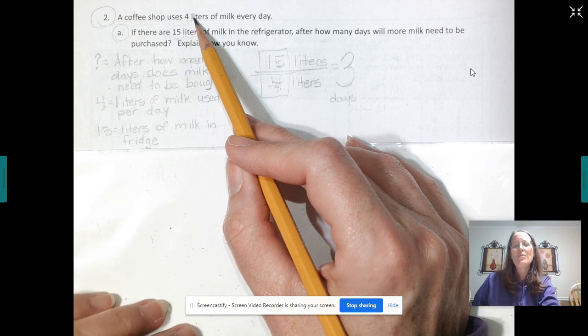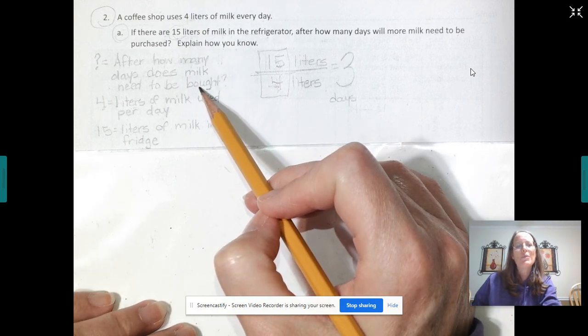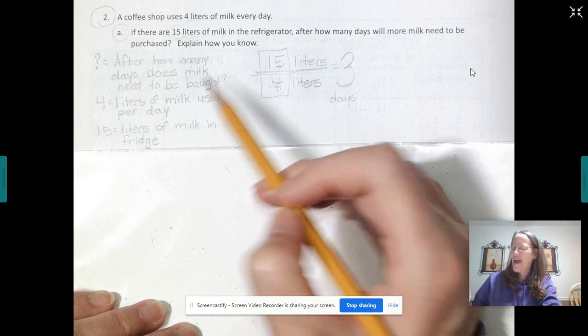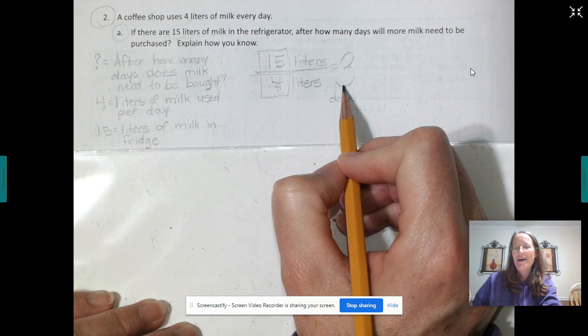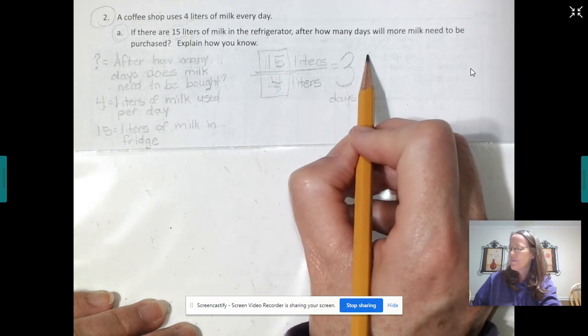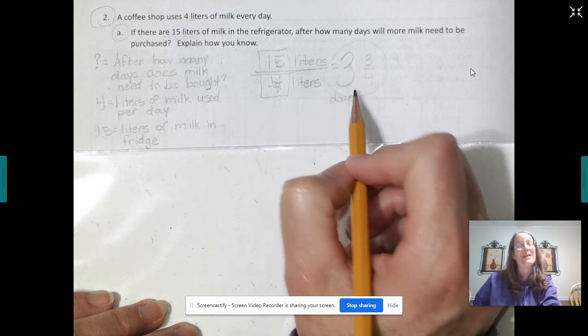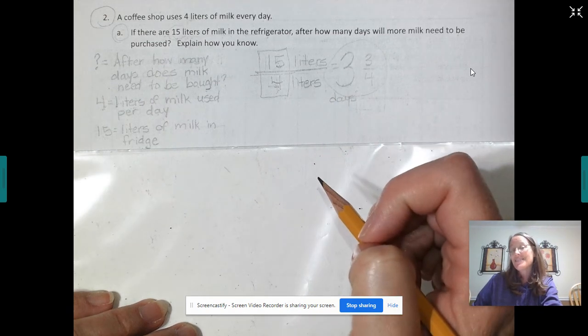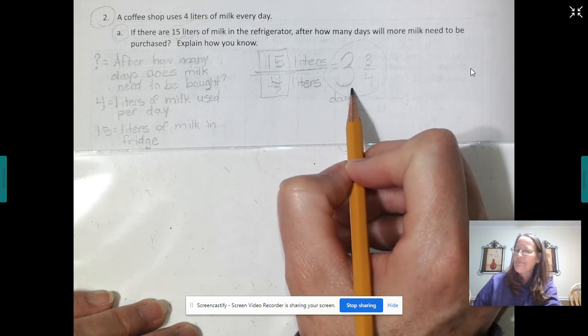So after how many days do I need to buy more milk? After 3 whole days. You might have just changed this to a mixed number and left your answer like that, but guys, that's not correct.